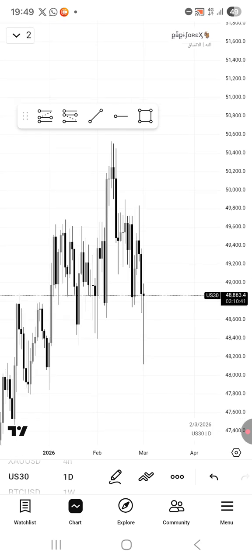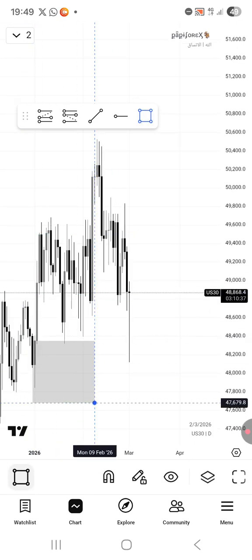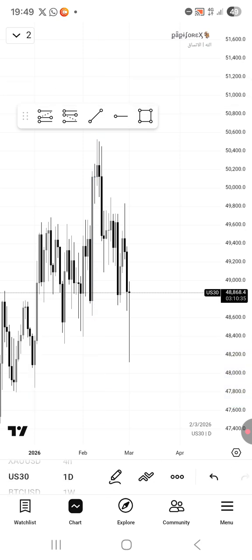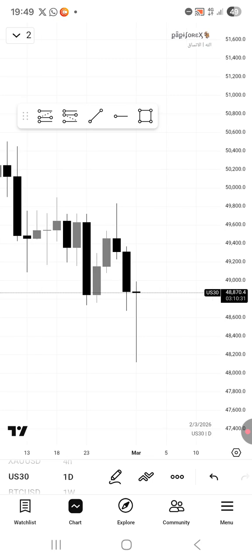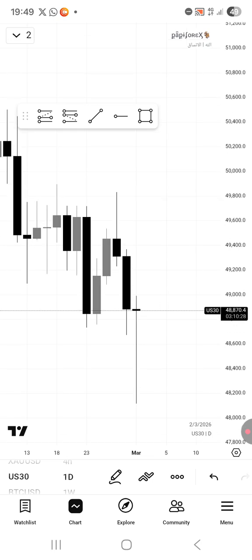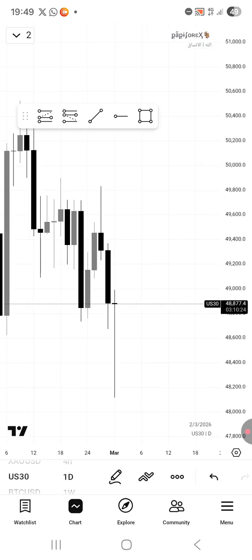I think price is reacting from maybe this OB, but I'm not interested. Like I said, I don't like saying I think. I react based on what I see. I trade what I see.